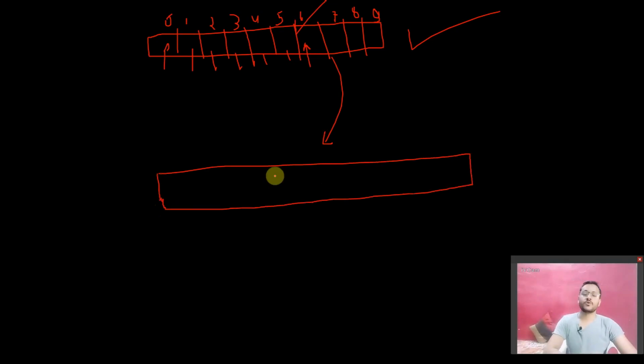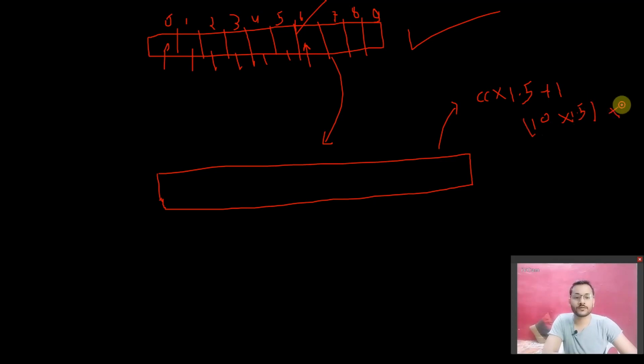And what is the formula for creating a new ArrayList? It is current capacity into 1.5, plus 1. It means 10 into 1.5, and plus 1, so it will give you the result of 16.